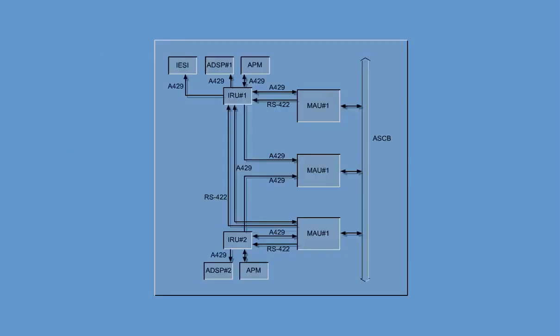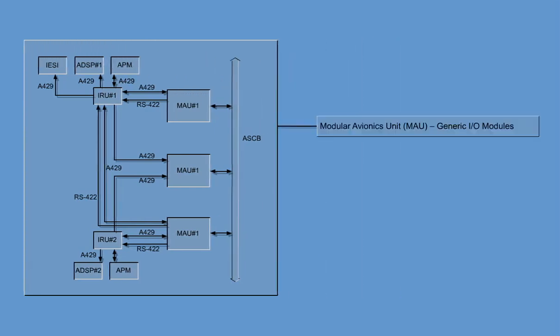The IRS interfaces with the airplane systems and equipment to receive input data from Modular Avionics Unit, MAU, generic input-output modules. The IR component requires initialization, entry of latitude and longitude from the FMS or GPS, or it may be entered manually. Modular Avionics Unit, MAU, GPS modules.